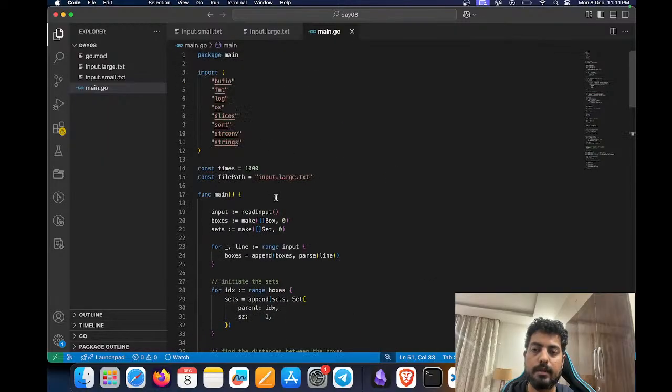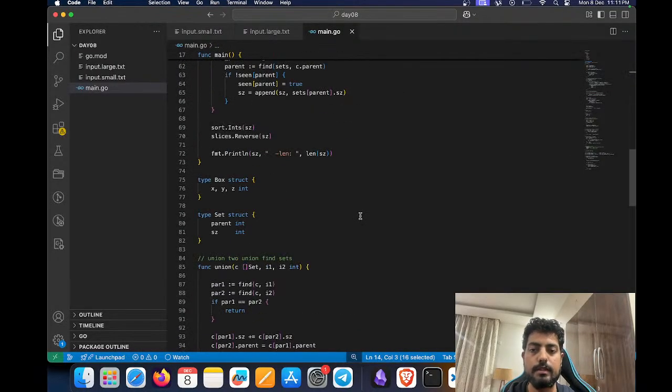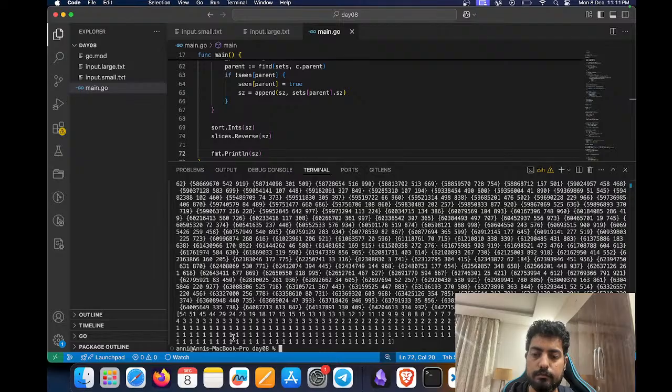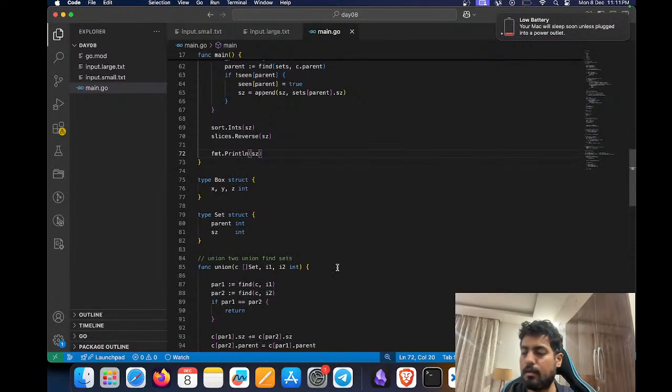So initially the file path is input.small.txt and times is 10, but now we have to do this 1000 times, and the file is input.large.txt.